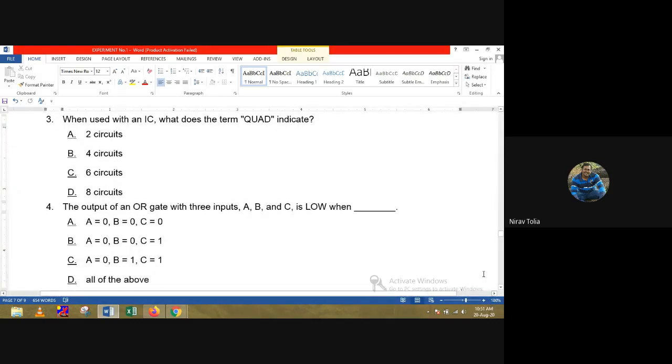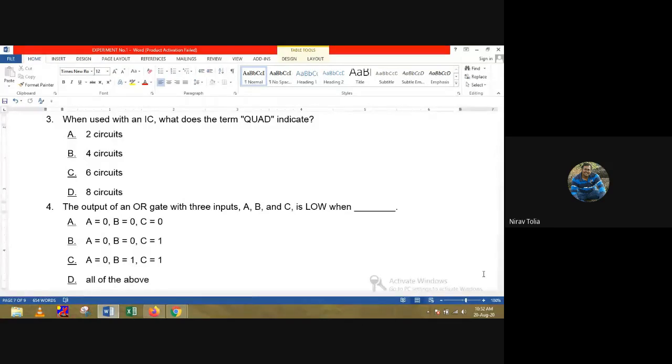Okay, Parthiv, Keyur, Nisita, Dirga give the right answer. Quad means 4, simply. Whether it is a digital IC or not, quad means 4. So when we are using an IC, the term quad indicates the 4 circuit. So the answer is B.